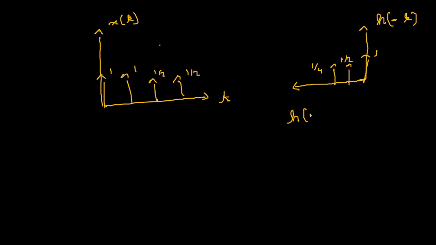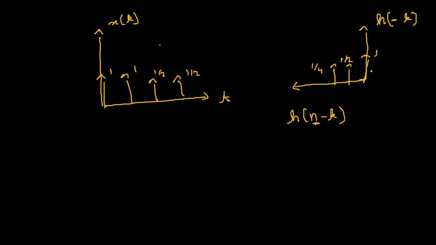Okay, so the formula for shifting was h of n minus k. So we take values of n one by one, and we shift the signal by 1 unit each, right? We first keep it in the initial position, and we add both the signals. Then we shift h of minus k by 1 unit, and then we add both the signals.